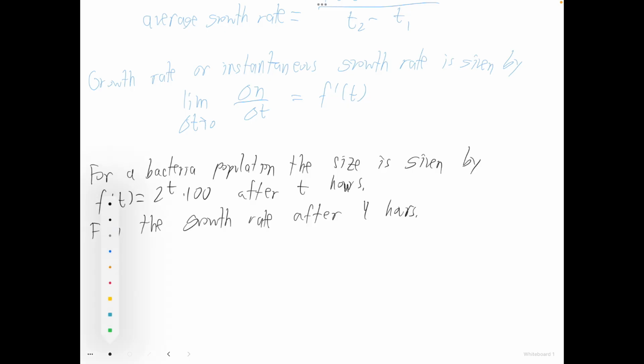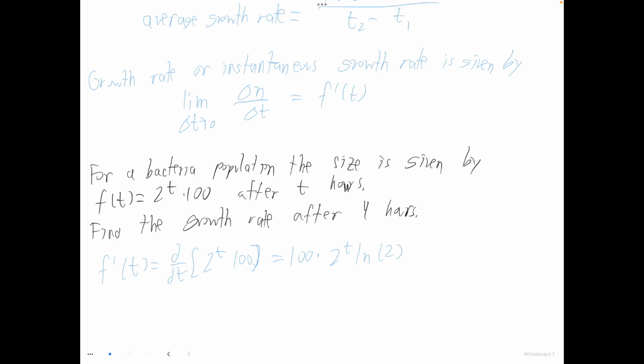And so we need to know what f prime of t is. So we're going to take the derivative with respect to t of 2^t times 100. And this is going to be equal to 100 times 2^t ln of 2.